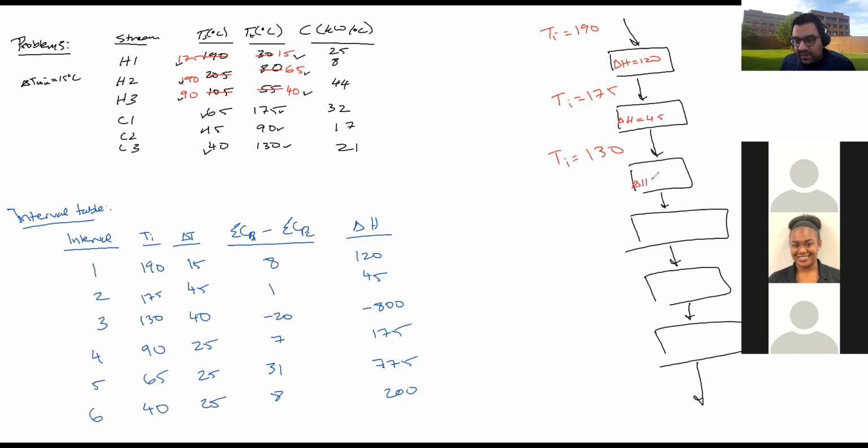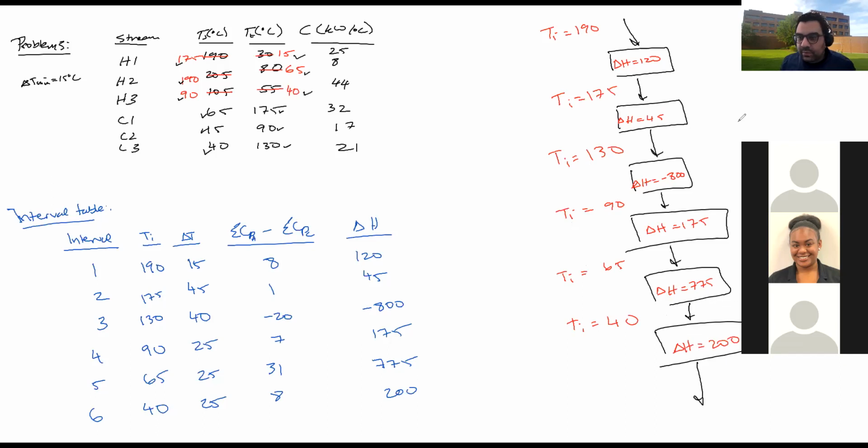Here delta H is equal to minus 800. Then the initial temperature of this interval is 90, and delta H is 175. Here the initial temperature is 65, and delta H is 775. For the last interval, the initial temperature is 40, and delta H is 200. Okay, so I have all of these numbers.